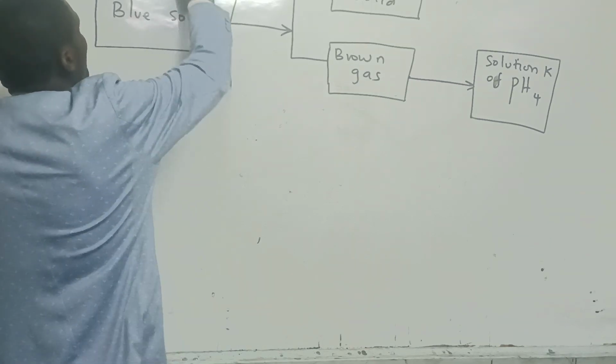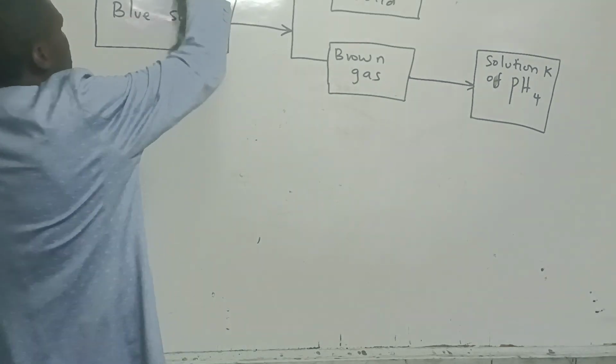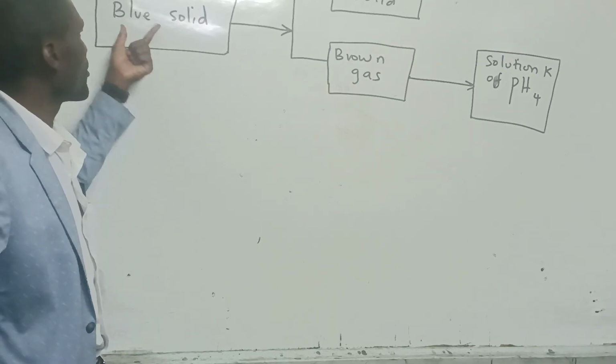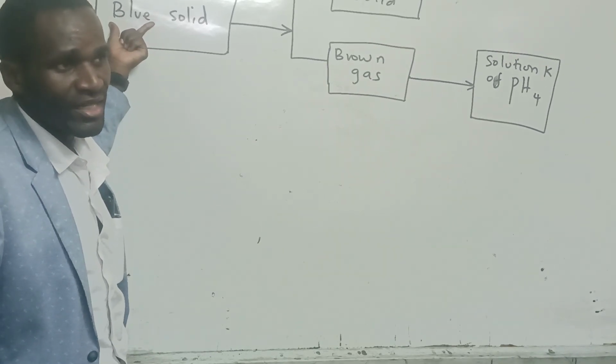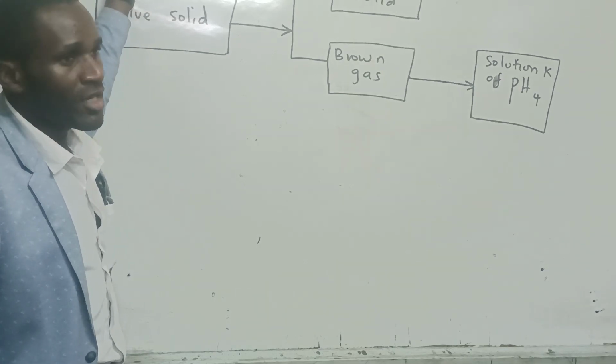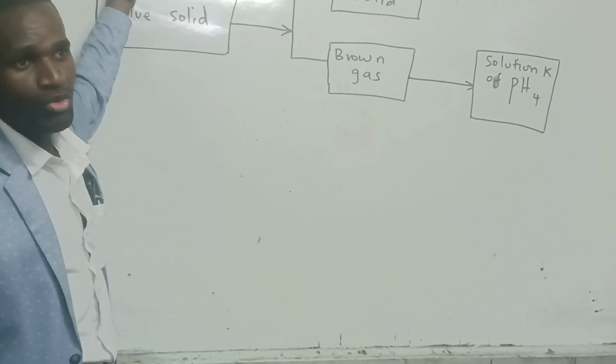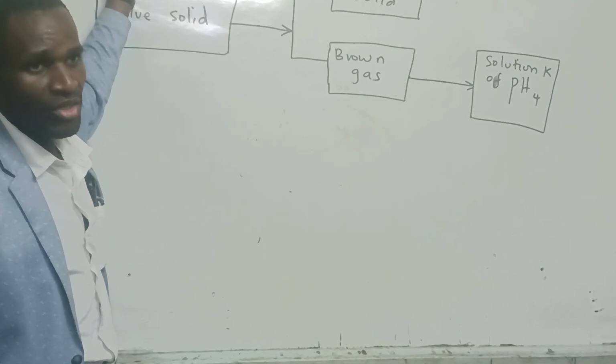We first say, from our understanding, that when someone talks about a blue appearance in a solid, then copper as a metal must be present, which is a transition metal found between group 2 and group 3 elements in the periodic table.